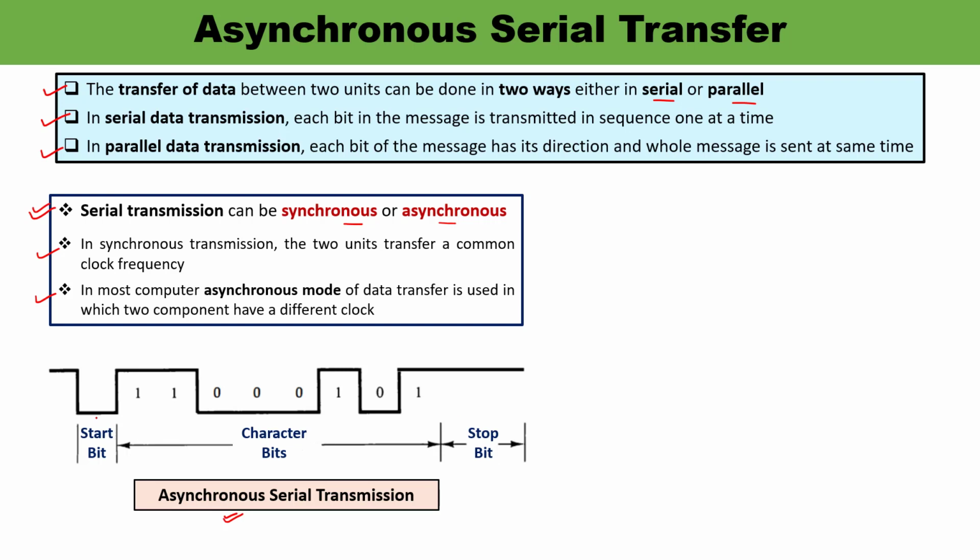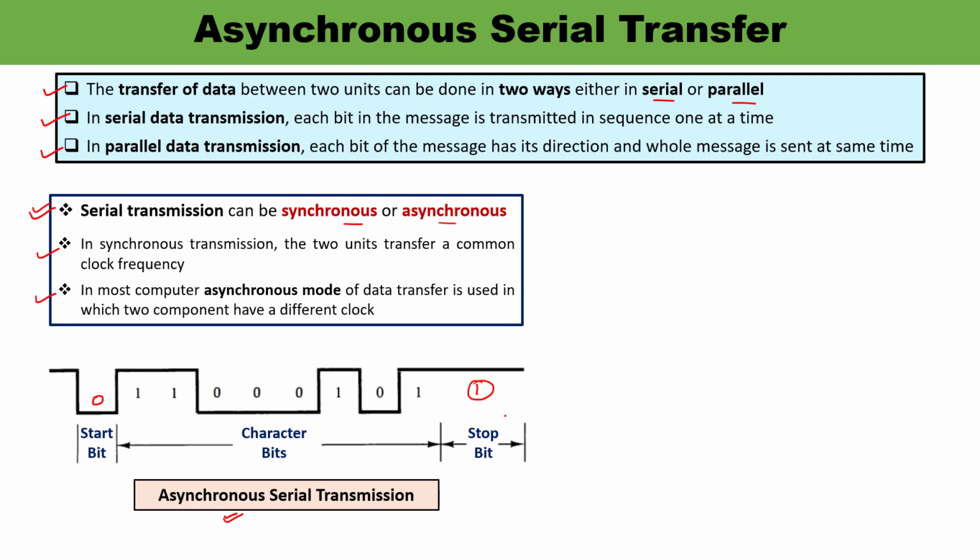So the start bit is denoted by 0, and the stop bit is denoted by 1. The start bit is always sent first, this 0, and after 0 the character bits are transmitted, right?